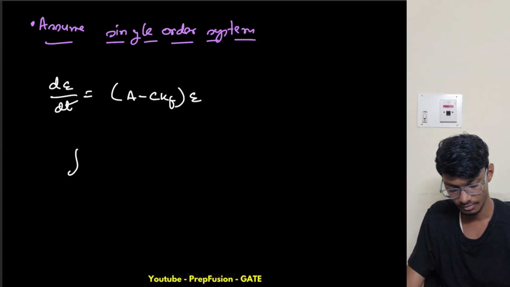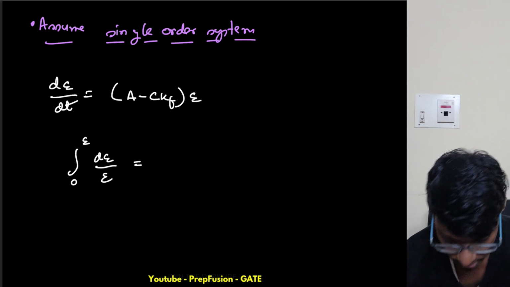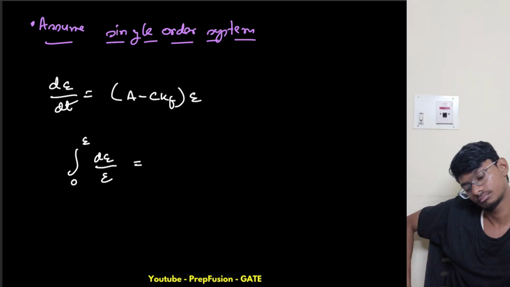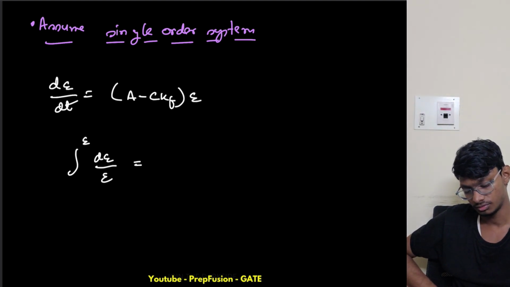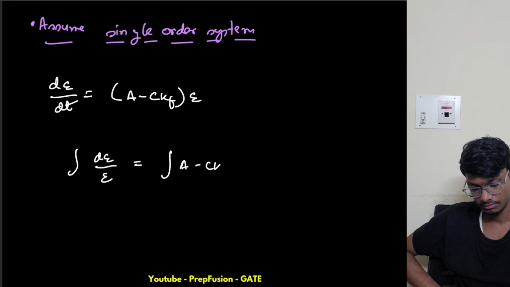This is basically de by e, going from 0 to lambda, and this is, let's say, a minus kf into dt.